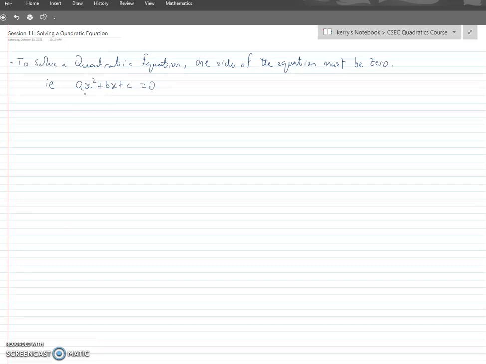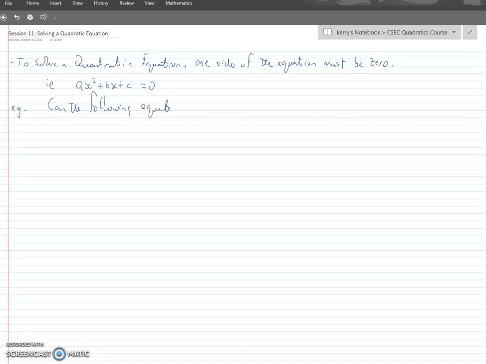This is an important step because a lot of times people will make the mistake and start to solve a quadratic when it looks like this here. So can the following equation be solved immediately?